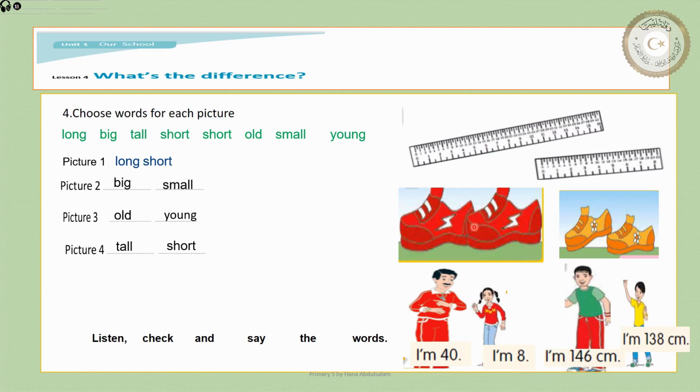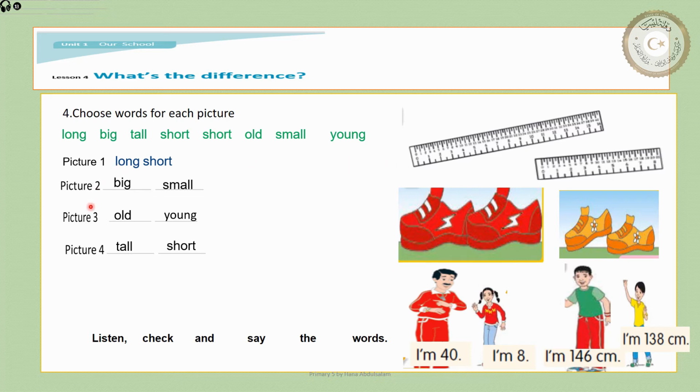This one, big, small. Excellent. Big, small, old, young, old, young, tall, short, tall, short.